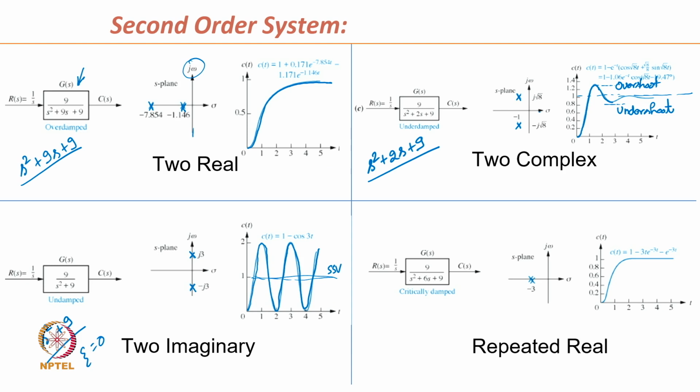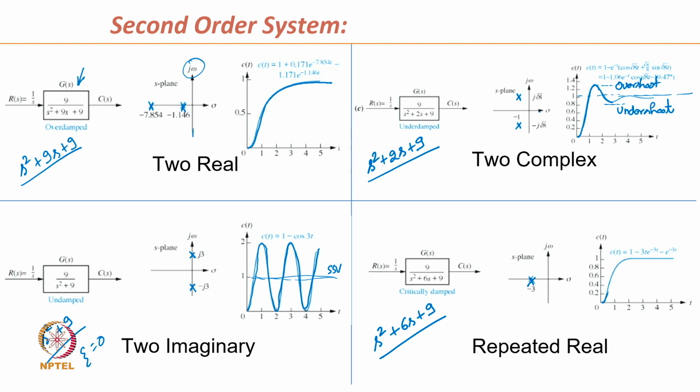The fourth case is the critically damped, where we have an equation, for example, s square plus 6s plus 9. This is the characteristic equation, and if we calculate the roots and plot them on the real and imaginary axis, both roots are real and they are the same.